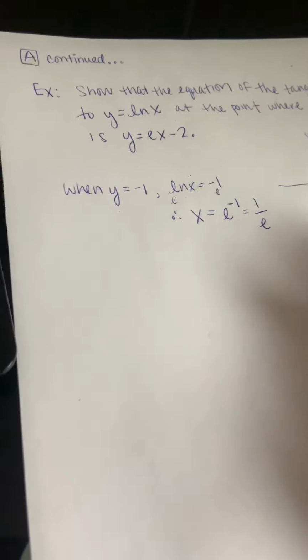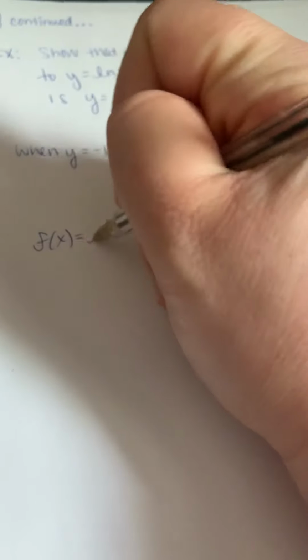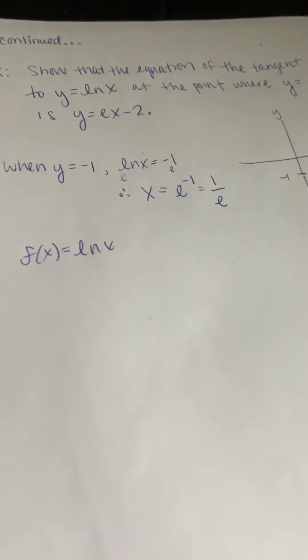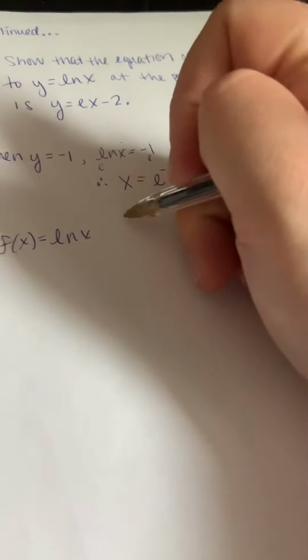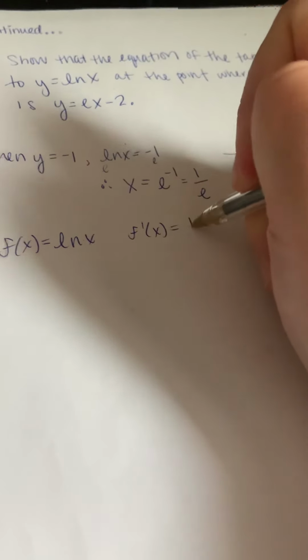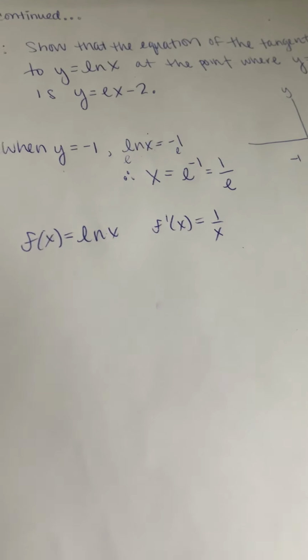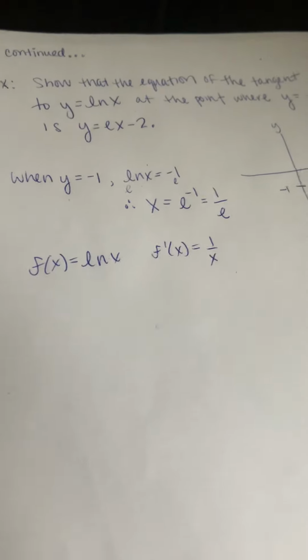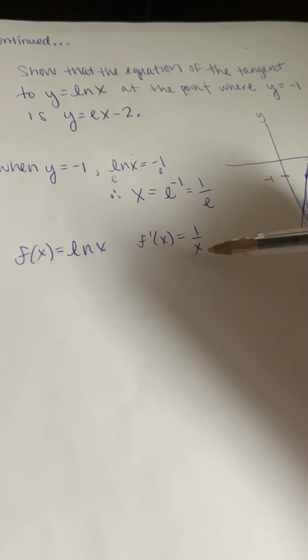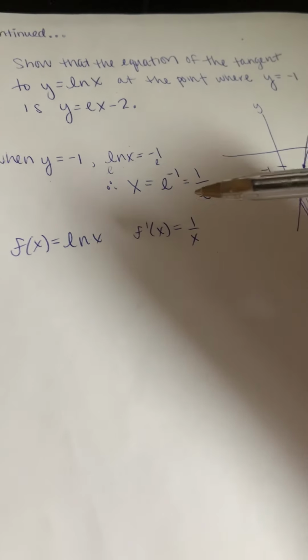So now, the function that we were looking at, the natural log of x, has the derivative of 1 over x, and we've known that already. The tangent at that point has a gradient.